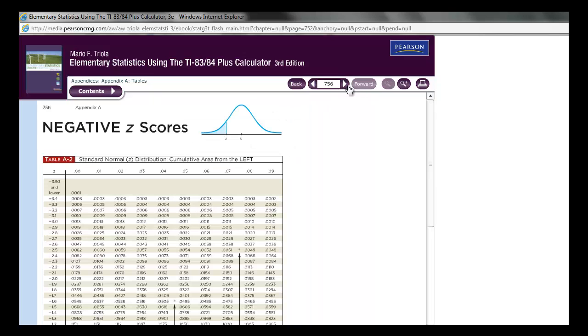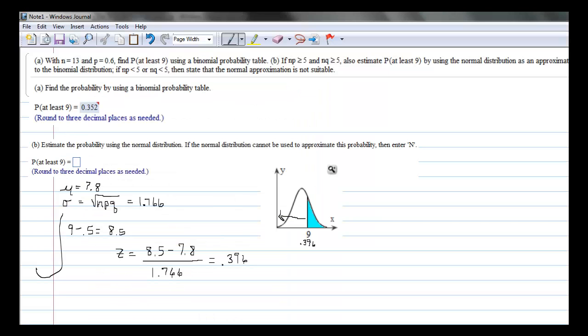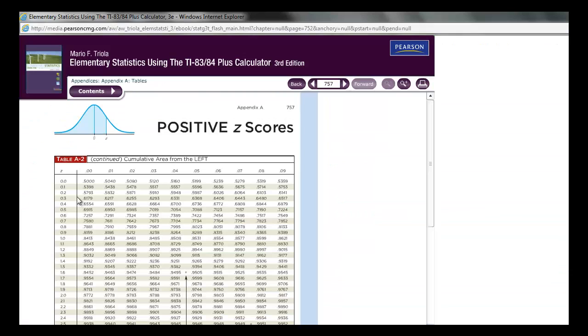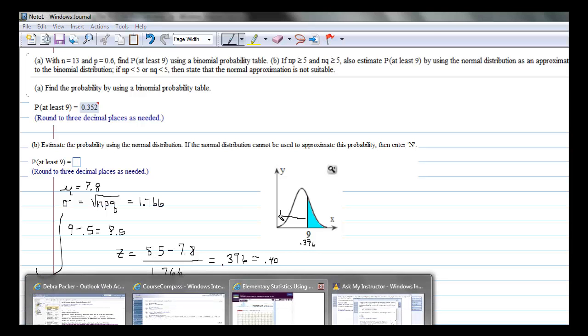I don't have a negative z-score, I have a positive z-score, 0.396. Well, we can only do two places, so we're going to have to round up. 0.396 is approximately 0.40.